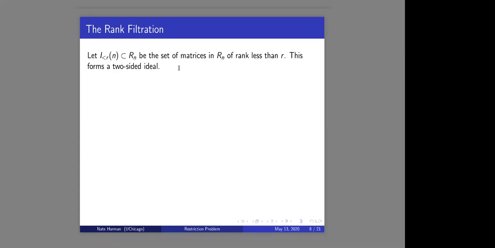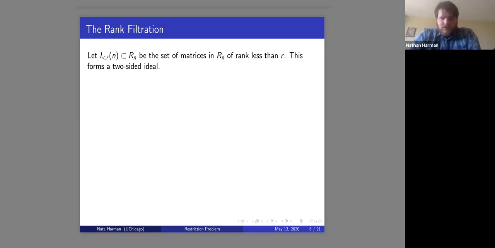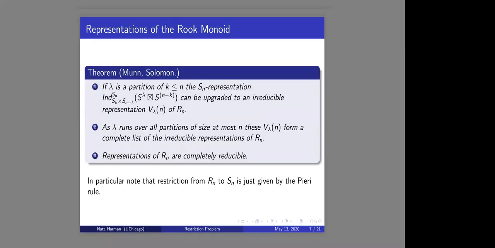Can I interrupt you with a question, please? Yeah. Could you, that was a bit quick, the previous slide, the last statement. Could you give a few examples of that? For example, if I took a partition of size n, then it would probably restrict to the same irreducible representation.